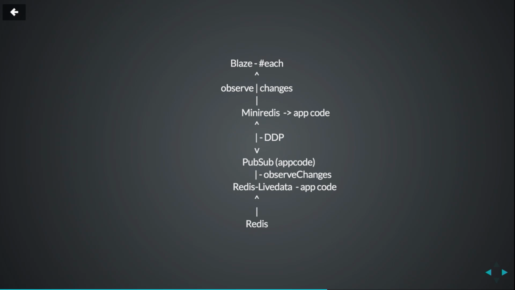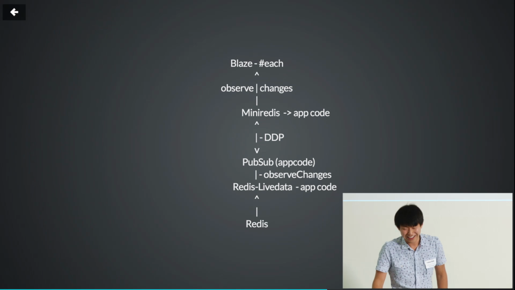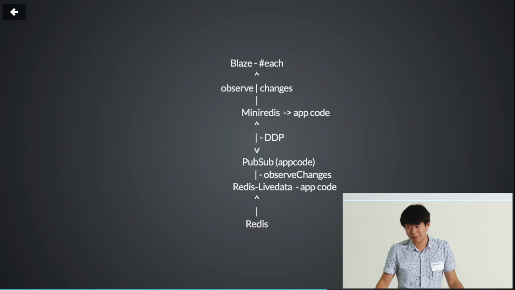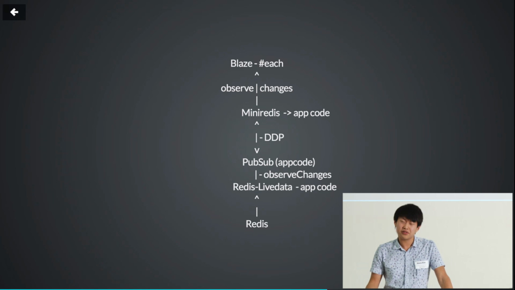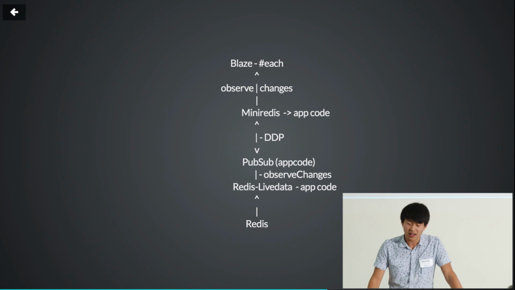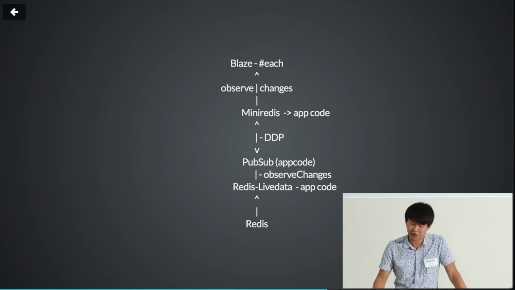So here's a very bad diagram, how it works. We have Blaze and each block helper. That's what you use in your templates. Blaze usually uses a cursor for mini-Mongo, but now it also can use your mini-Redis cursor. And it calls observe changes on that cursor.